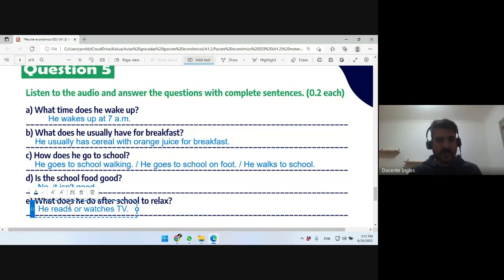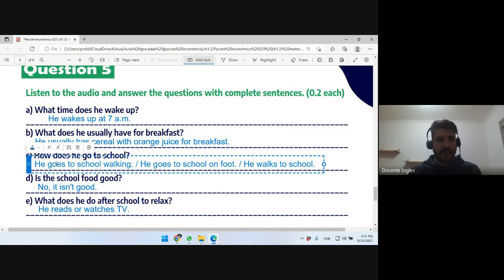So here we put S in read, but in watch, watch ends in CH. So it's a special case. We have to put ES. The same situation with go. When the verb ends in O, we put ES.